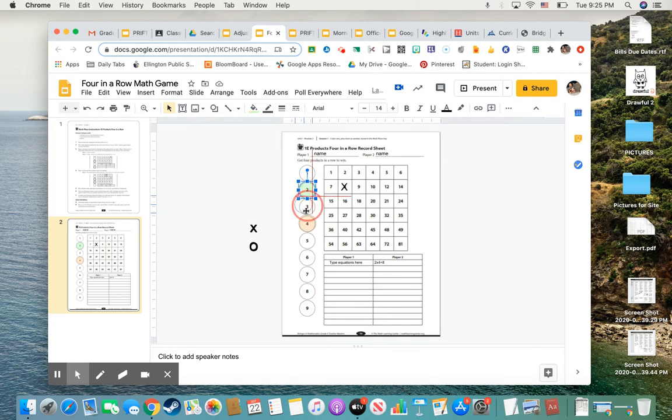So if I wanted to move this one to 4 and have 4 times 4, I could do that as well. So let's do that. 4 times 4 is 16. I'm going to move one of the O's and put it on 16. I'm then going to write my equation. 4 times 4 equals 16, and I have my work done there.